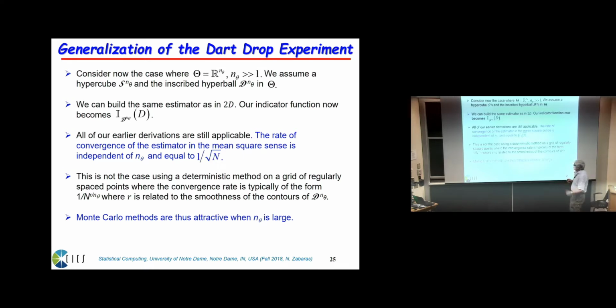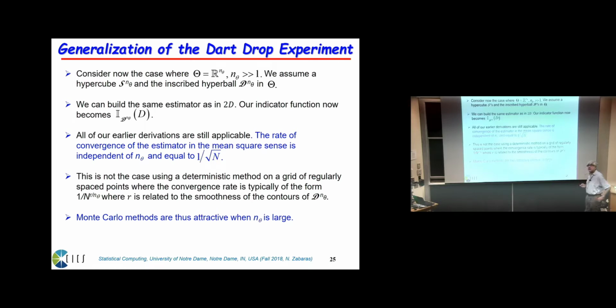Now, this is contrary to all the deterministic methods, actually, that use quadrature rules or some collocation grid. And usually in all of those problems, and I'm going to show you some schematics to come, the rate of convergence is 1 over n to some constant divided by n theta.